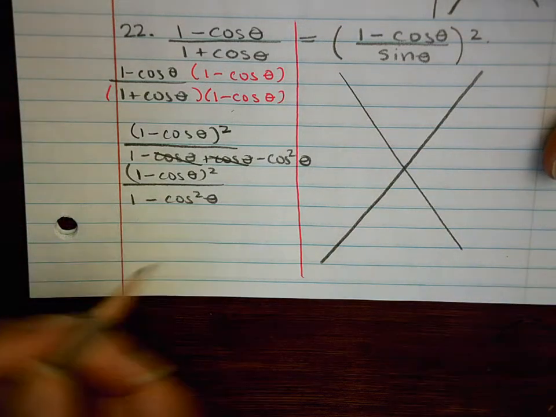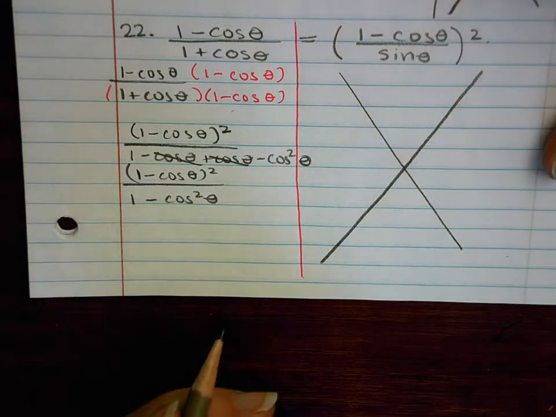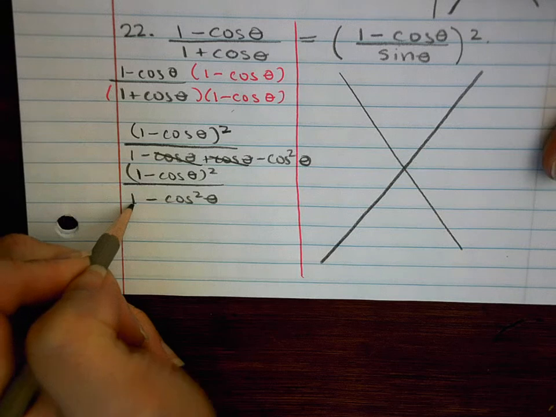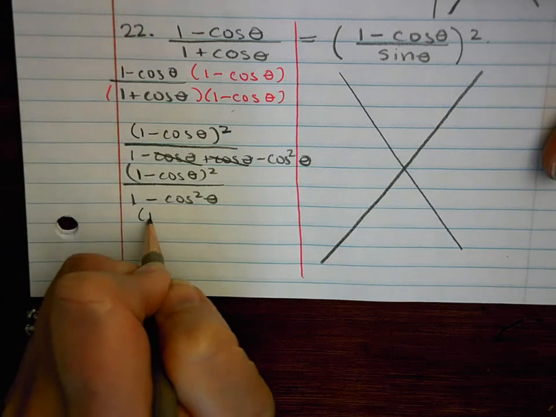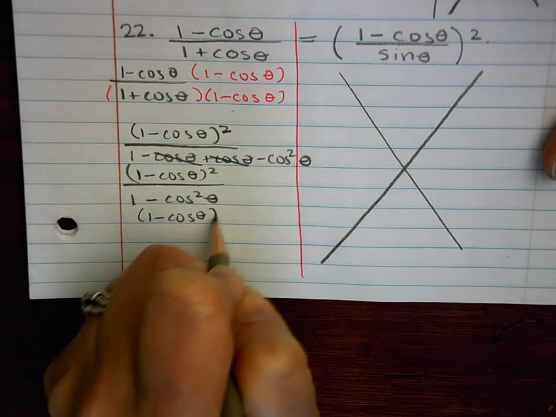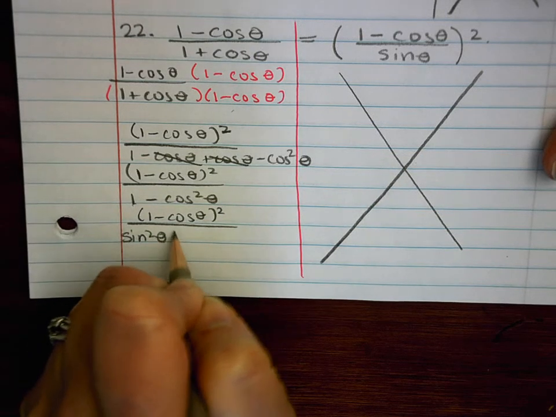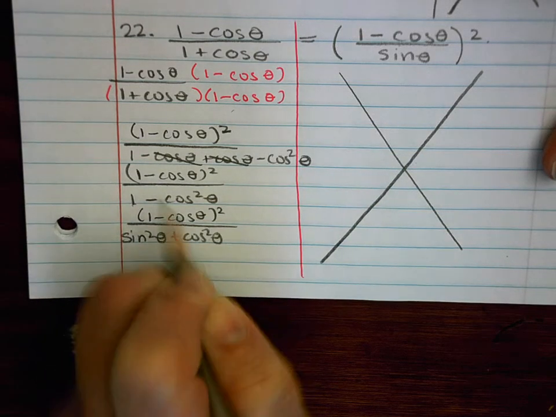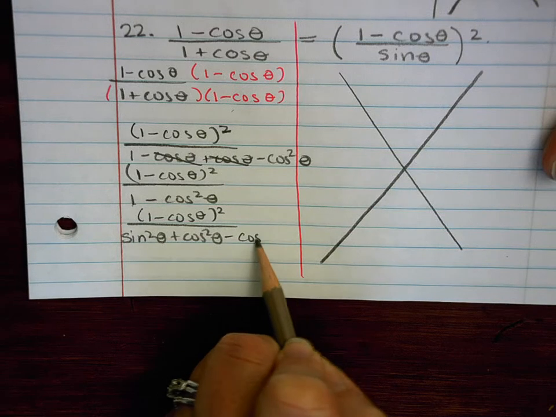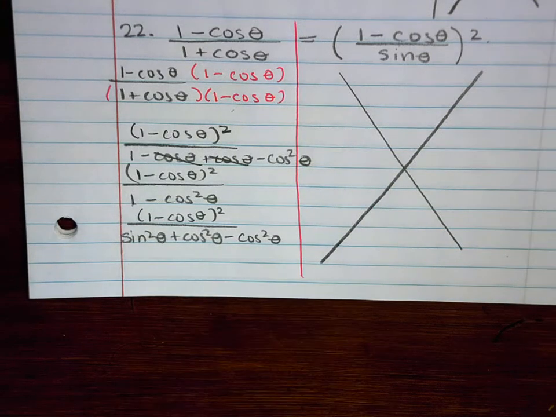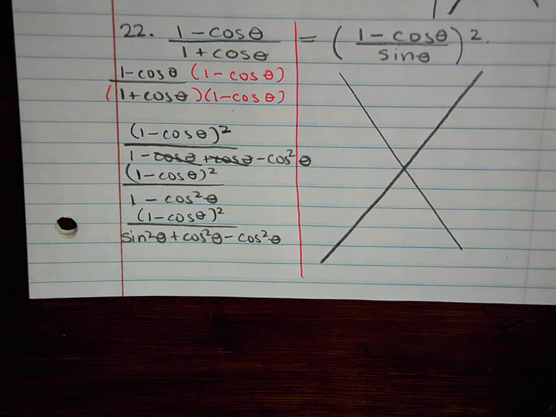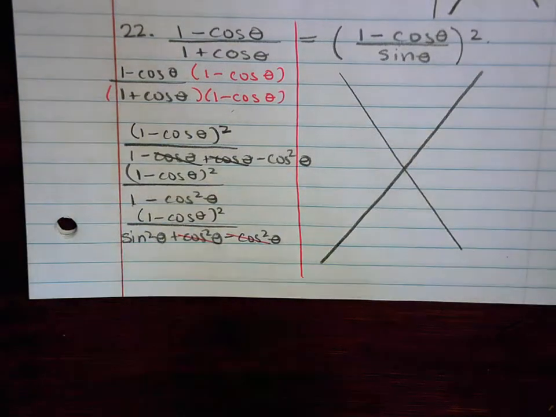And then I'm going to go ahead and replace 1 with sine squared plus cosine squared. So I'm going to swap that out for sine squared plus cosine squared. And then when I do that, that's going to cancel here.